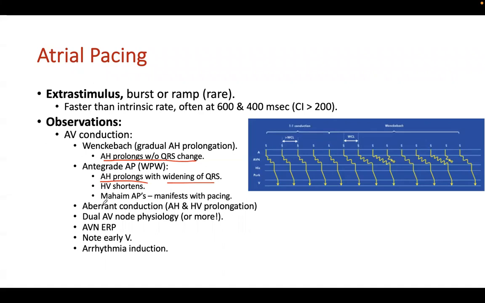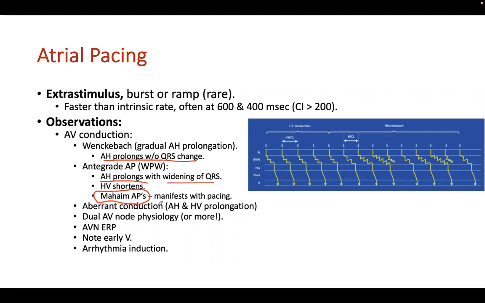And then you remember we talked about Mahaim accessory pathways last lecture, and we said there are special rare accessory pathways that are antegrade only, meaning going from A to V, and they are slowly conducting accessory pathways.